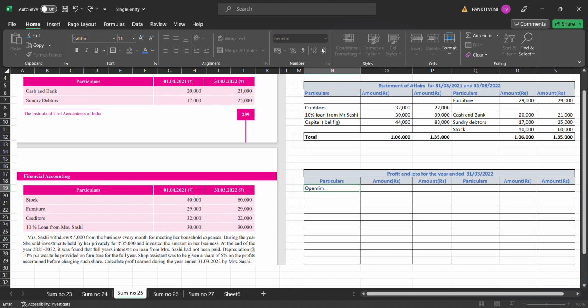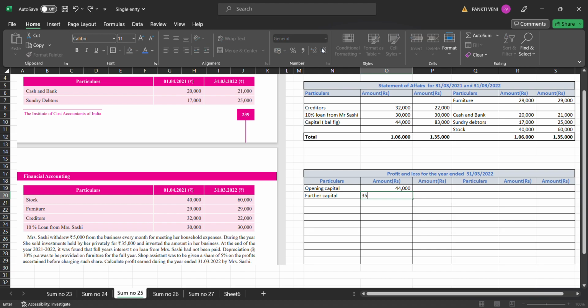Then you have opening capital. Opening capital is 44,000 from above. Then you have further capital, 35,000 she is introducing, right?